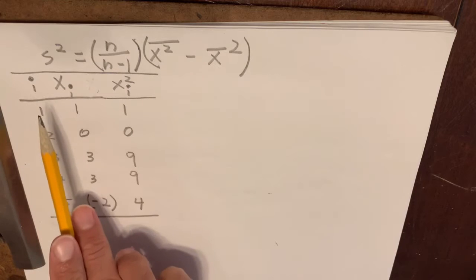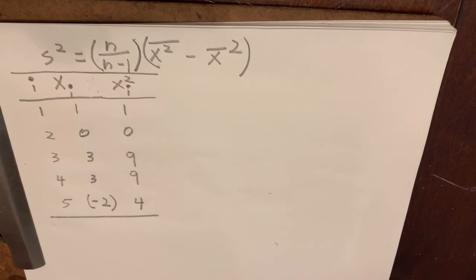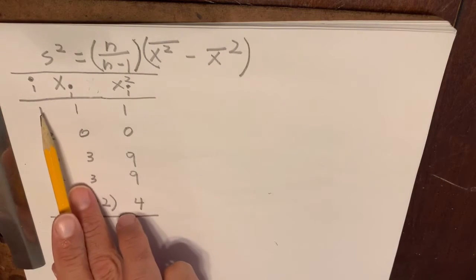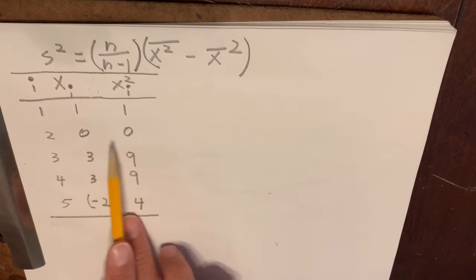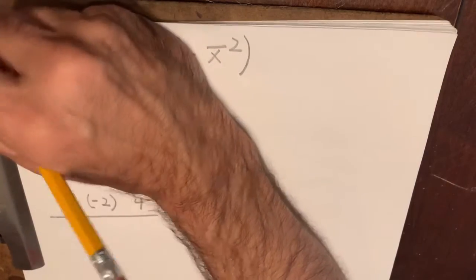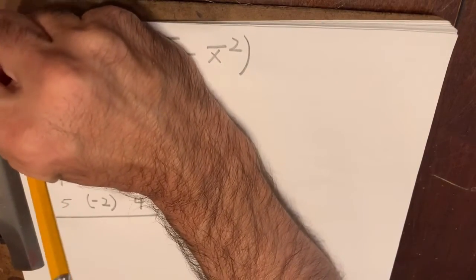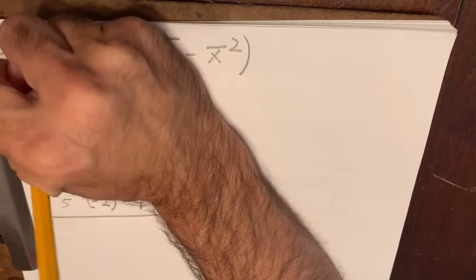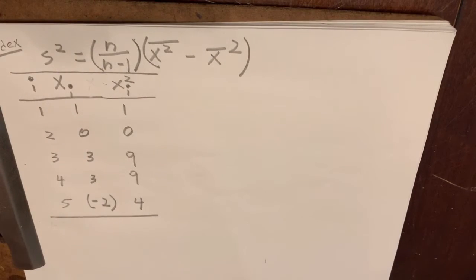So the very first thing we do is we make this little table. I read the data off to you before, but we have this simple little table, and that's what we're going to do. And there are 5 pieces of data, 1, 0, 3, 3, -2. Now this i actually stands for an index. And this index represents the time order in which the observation was recorded.